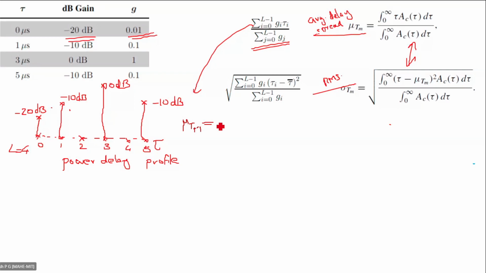Remember, before doing any calculation, you have to convert the dB scale value to linear scale value. This is the main mistake that people make. They simply put minus 20 and minus 10, which is wrong. You have to convert to linear scale, that is 0.01, 0.1, etc., and then do the calculation. So for average delay spread, tau i G i, what is the first component? What is tau 0 and G 0?